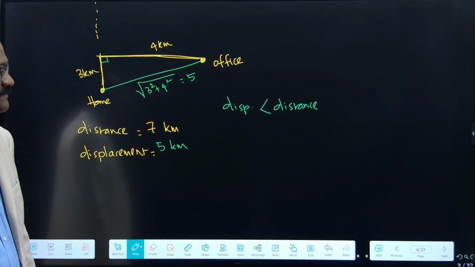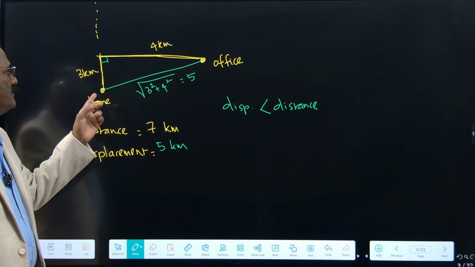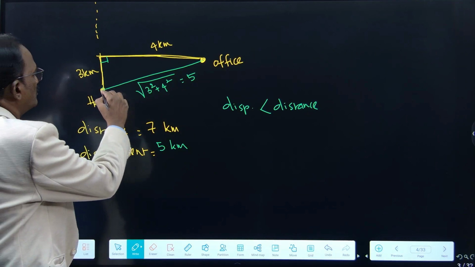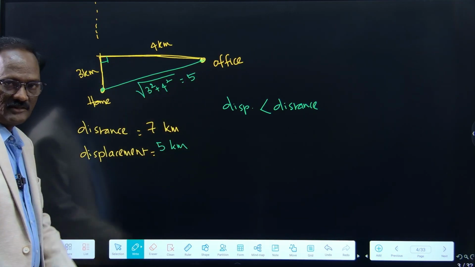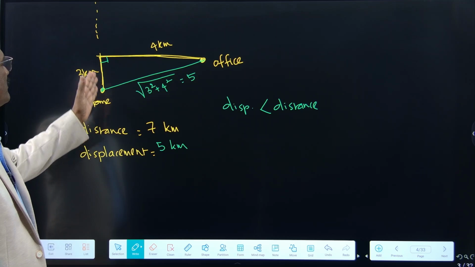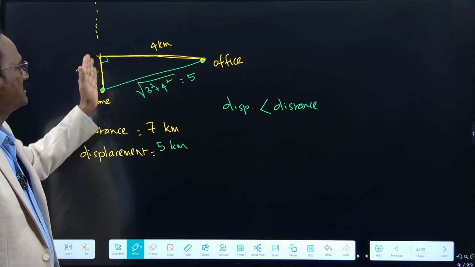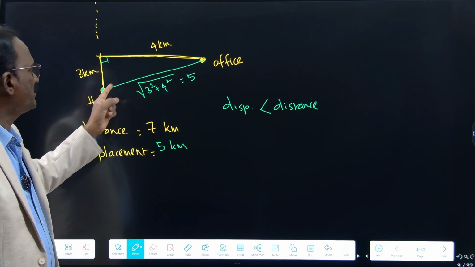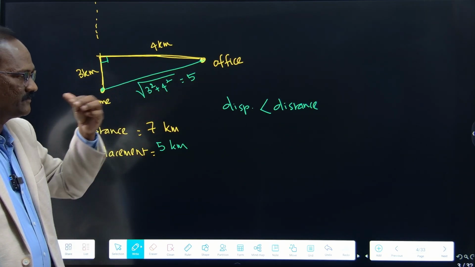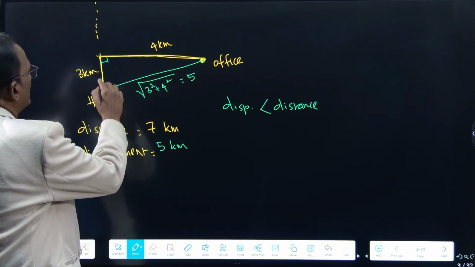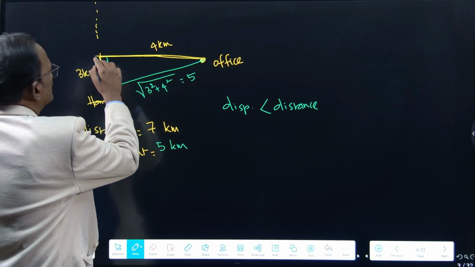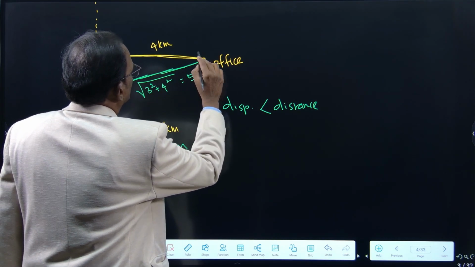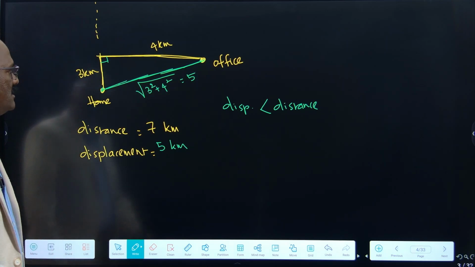In this example, right? The person is walking from home to office in this direction. Assume a bird is flying from this place to this place. The bird cannot or need not take these routes, right? The bird will fly in this way, straight away, right?